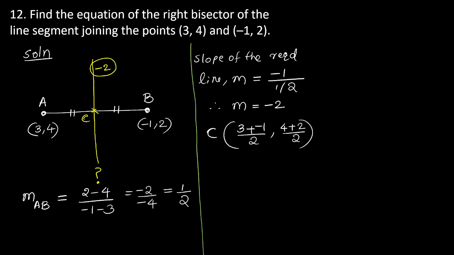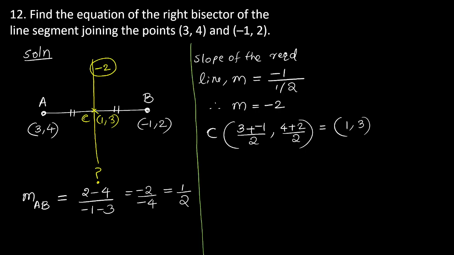That gives 1 comma 3. Whatever information you have, you better write it in the picture. So the coordinate of C is 1 comma 3. The required line has slope minus 2 and passes through 1 comma 3.